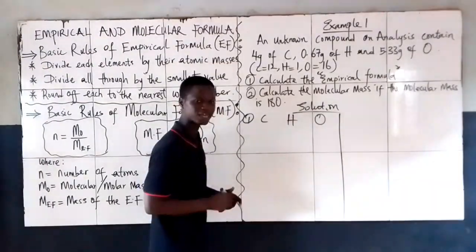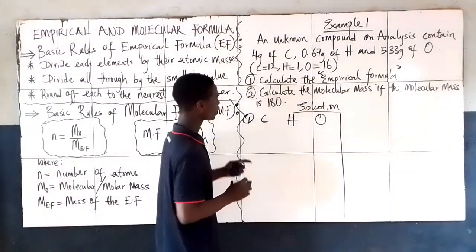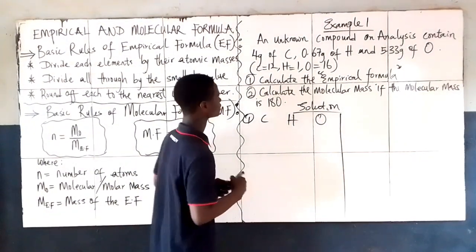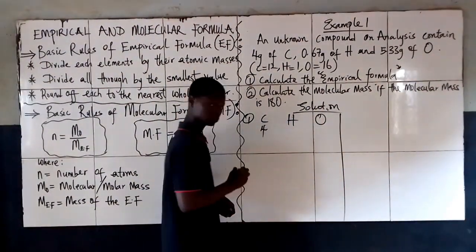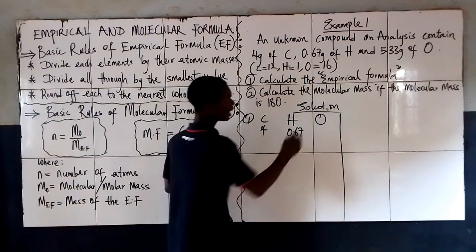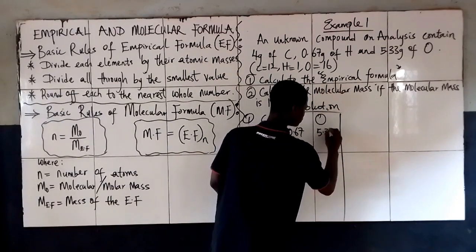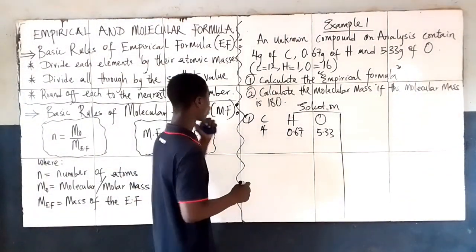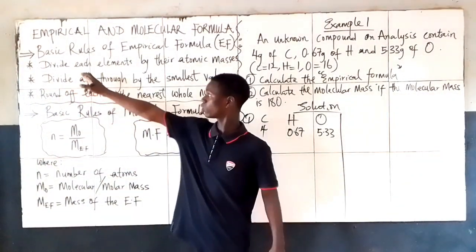Now we have identified the elements in it. The next step is to ask ourselves, what are the respective masses for each of the elements? You have 4 grams of carbon, 0.67 gram of hydrogen, and lastly 5.33 gram for oxygen. Now we know these. We will now come back to the first step here, which is to divide each element by its atomic mass.